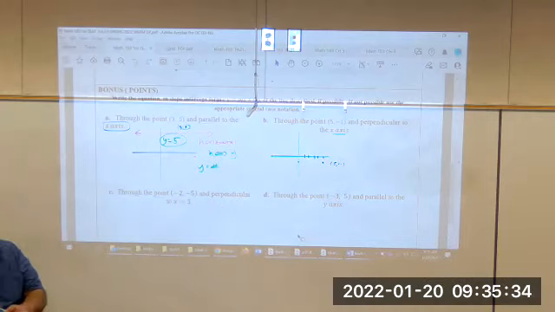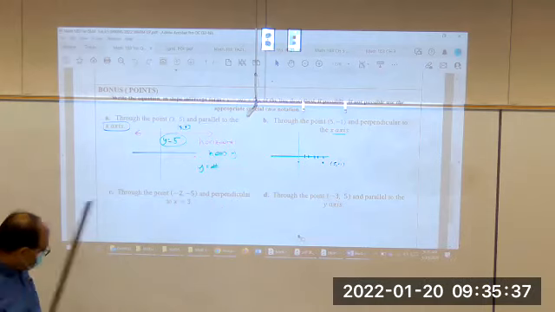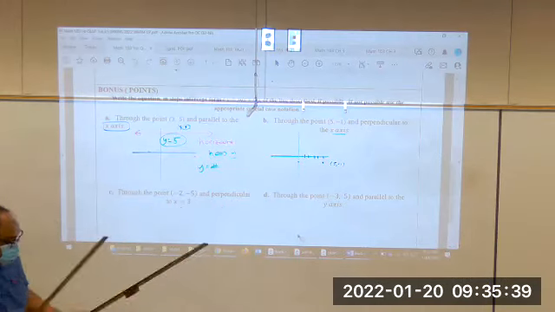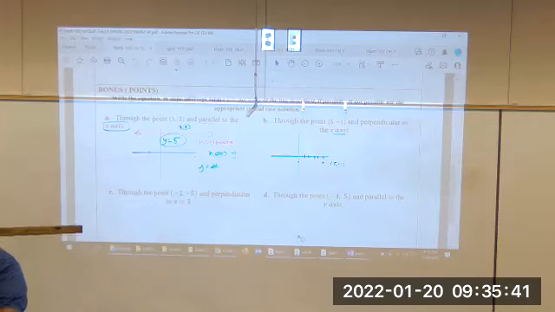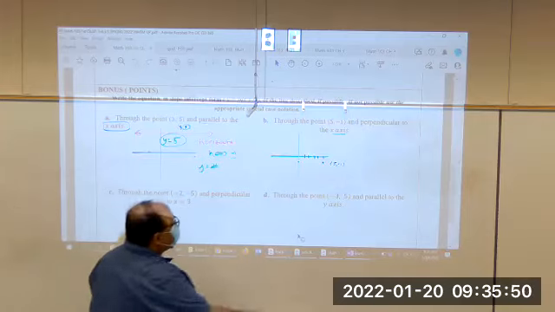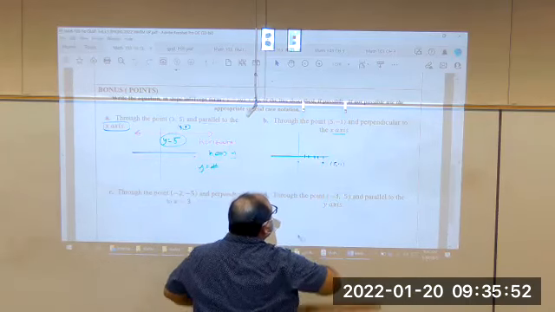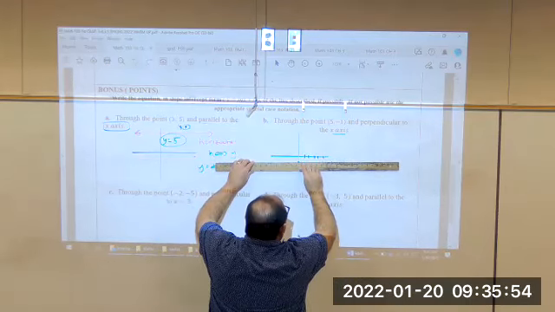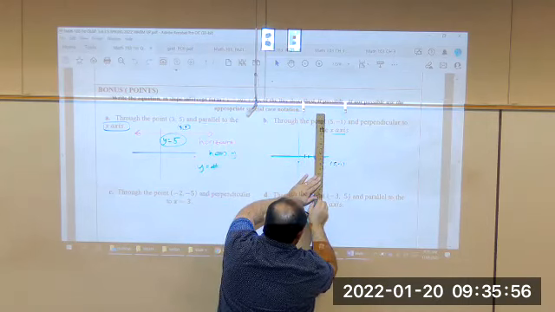Now, perpendicular to the x-axis. Perpendicular, it's got to make a right angle. They intersect and form 90 degrees. Okay, that's the difference. So if I'm going to draw perpendicular to the x-axis, am I going to draw horizontal or am I going to draw vertical?